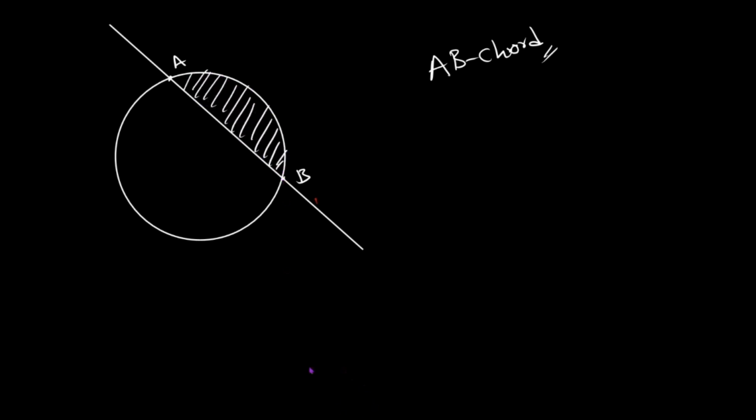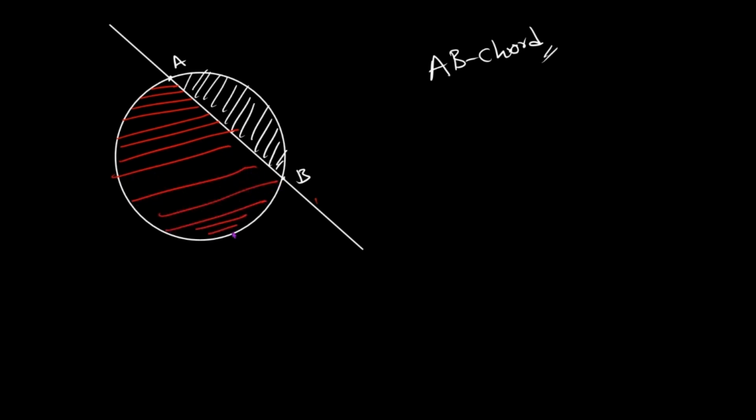The other is this region. The smaller area we call the minor segment. When a line is dividing the circle, we call it a segment, not a sector. It's called the minor segment, and this we call the major segment.